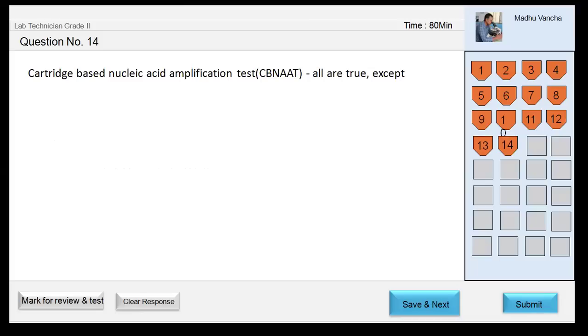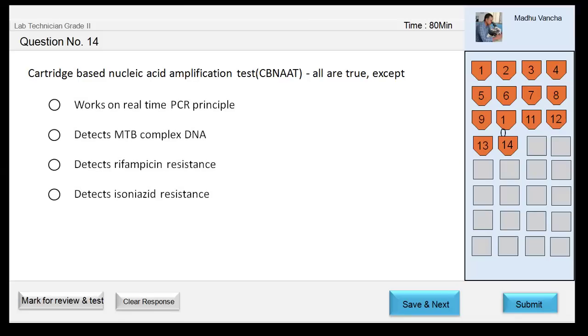Next question, CBNAT, the cartridge-based nucleic acid amplification test. All are true except option A, works on real-time PCR principle. Option B, detects MTB, Mycobacterium tuberculosis complex, DNA. Option C, detects rifampicin resistance. Option D, detects isoniazid resistance.